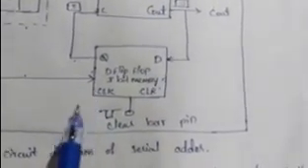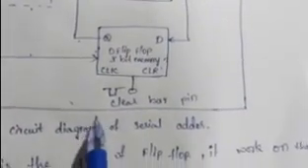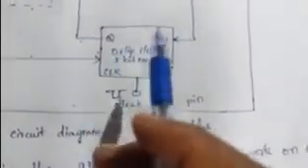Then this clear bar pin is also used in the D flip-flop, and its purpose is to clear the Q output of the D flip-flop.